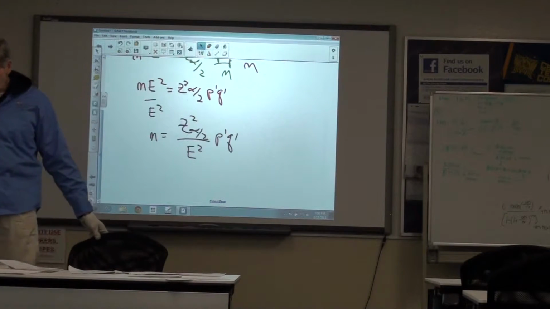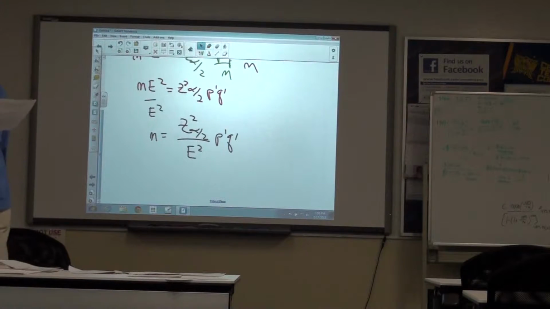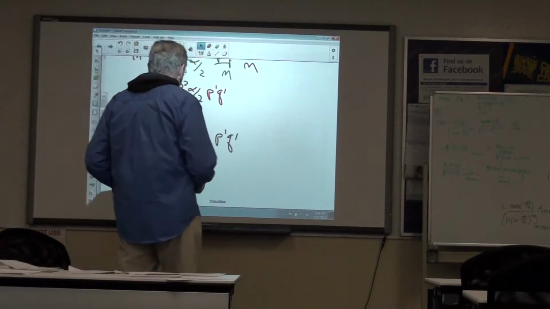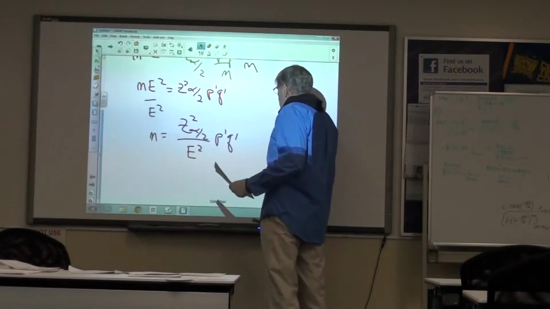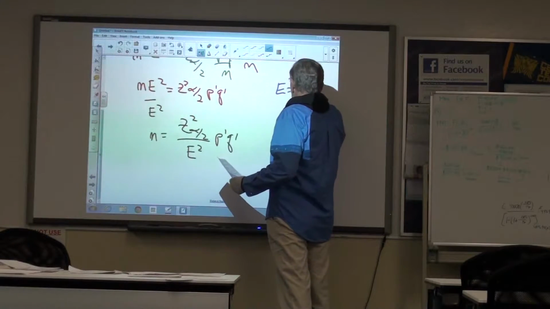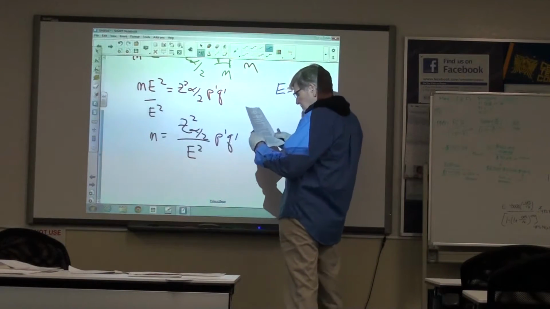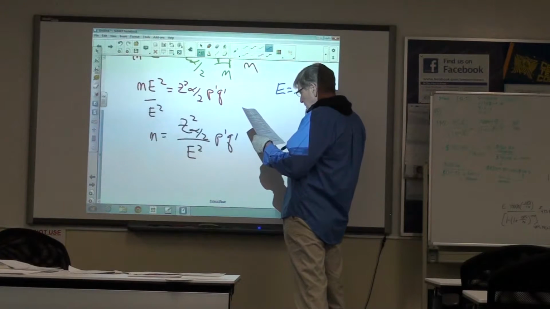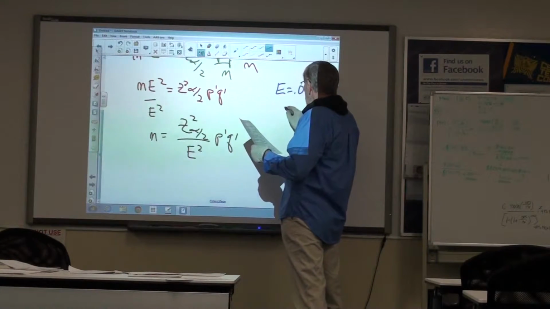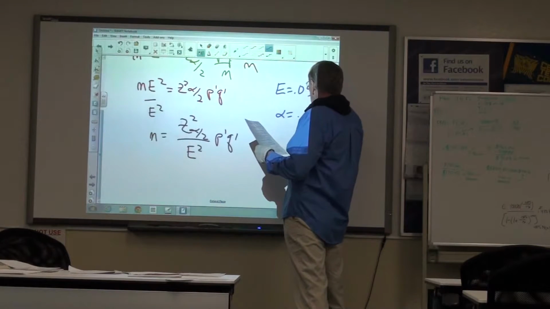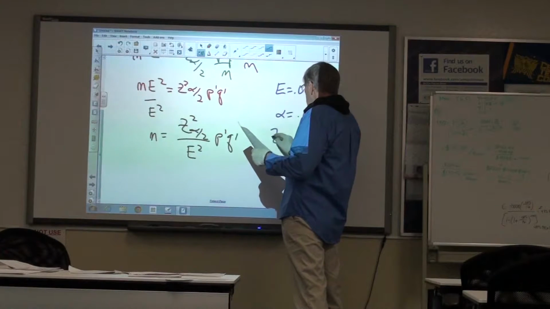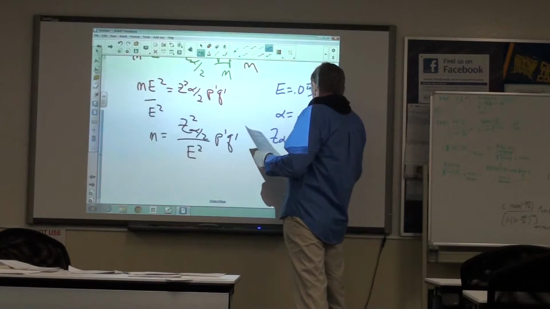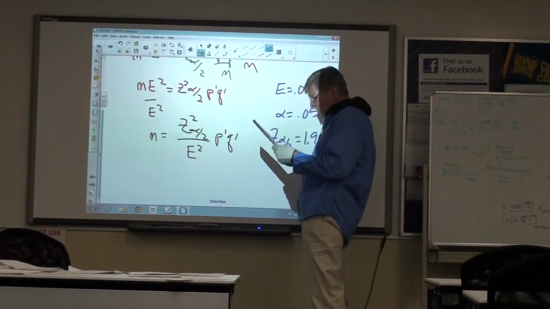Now in this problem they tell you that the error is 5%. So e equals 0.05. That's given. And alpha is 0.05 also. So z alpha over 2 is our usual 1.96.